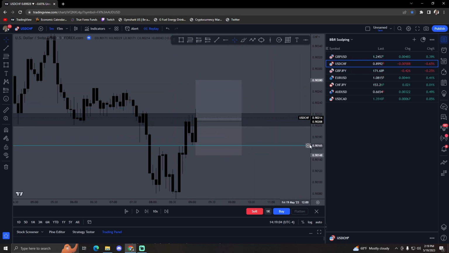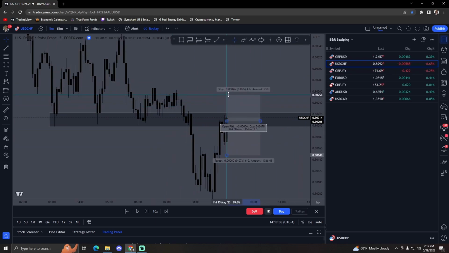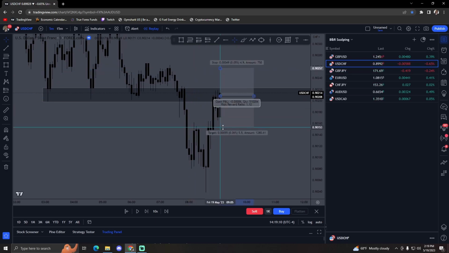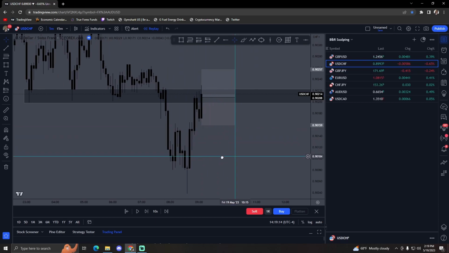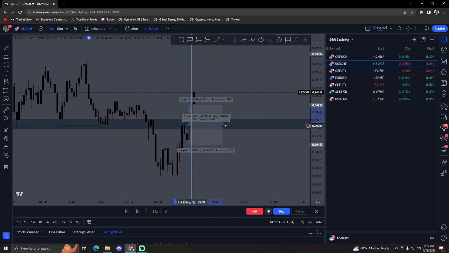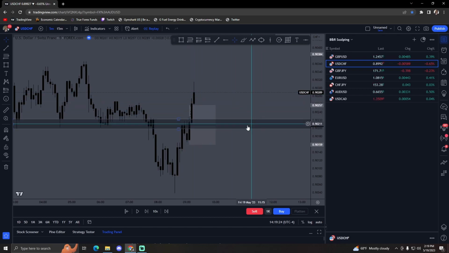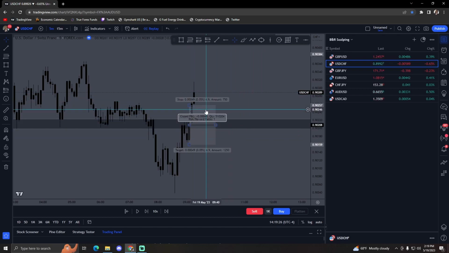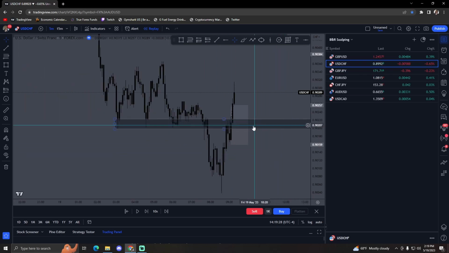Let's just say that due to spreads, stop loss was around that, and I was going for a 1-to-1. Yeah, that happened. It never came into profits, just instantly shot up to my stop loss and I took the loss.